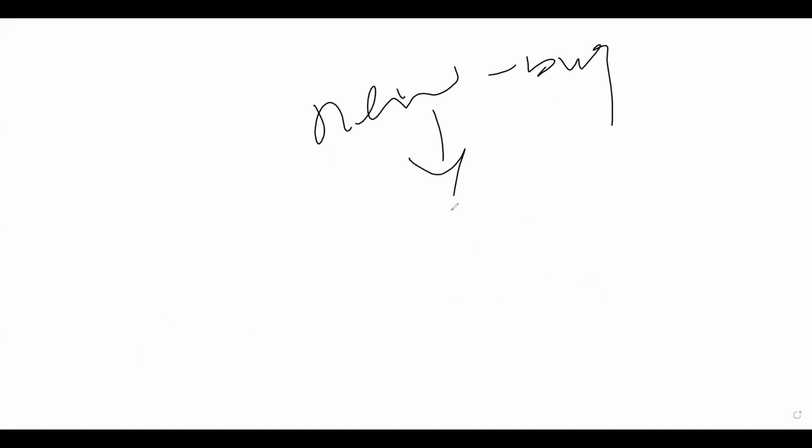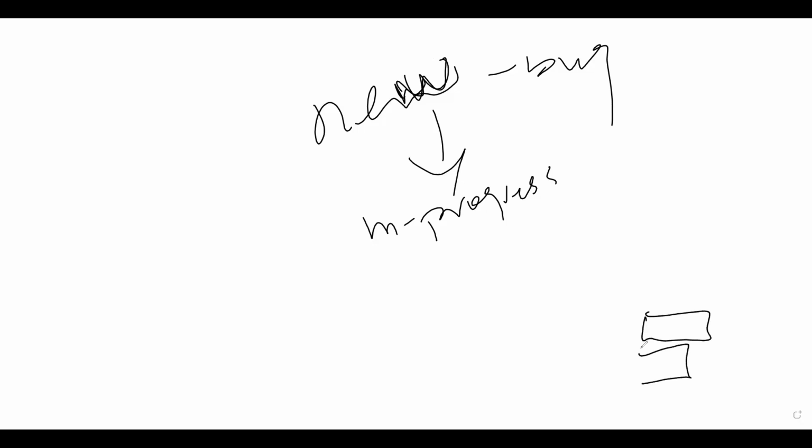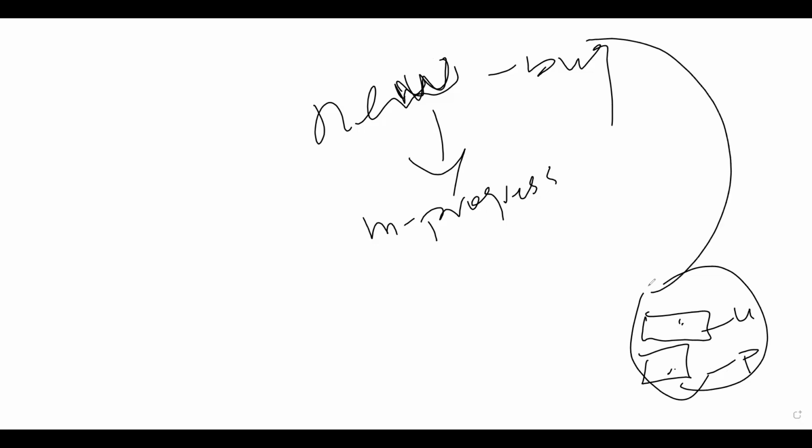After that, it will be in progress. In progress means they are fixing it. Maybe you send it to the developer, saying this application functionality is not working, this login page is not working, the username and password are not logging in. So you raise a bug, you raise a ticket for that, and it is considered a new bug.